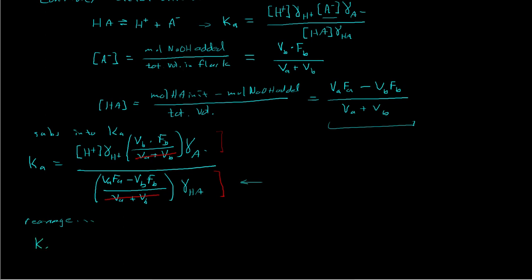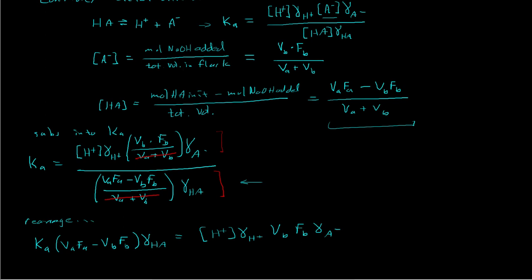So I'm still going to have my Ka on the left-hand side. Then I'm going to have VAFA minus VBFB times gamma HA. That's going to equal all the stuff that was on the right-hand side. That's all still there, H plus, gamma H plus. Then we have VB times FB times gamma A minus.